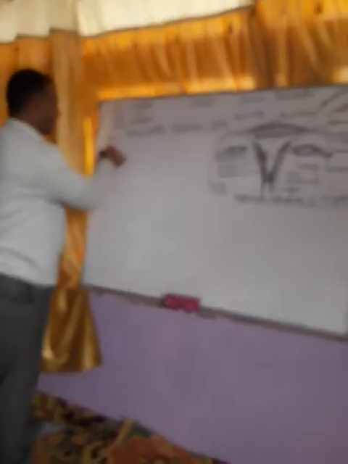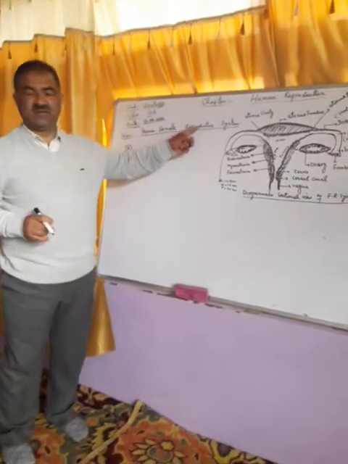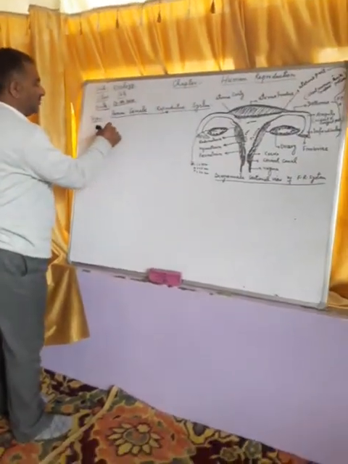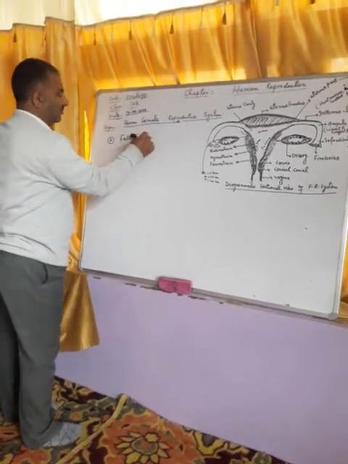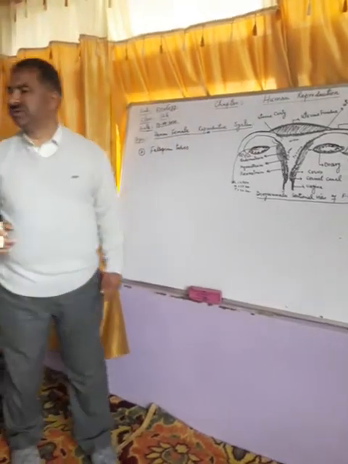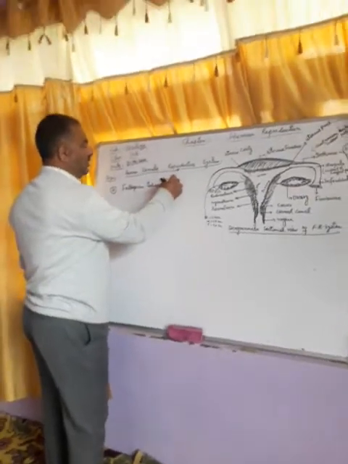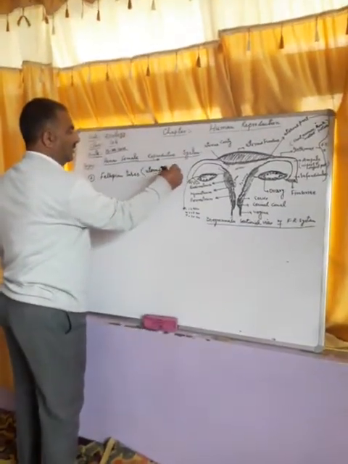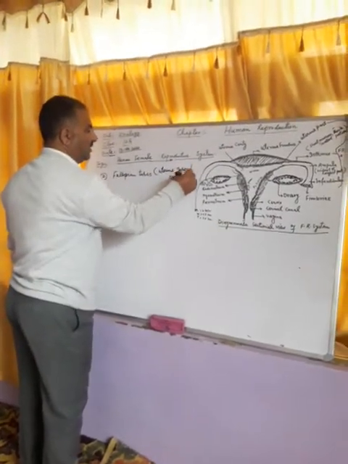So the second part of the human female reproductive system is the fallopian tubes. They are also called uterine tubes or oviducts.